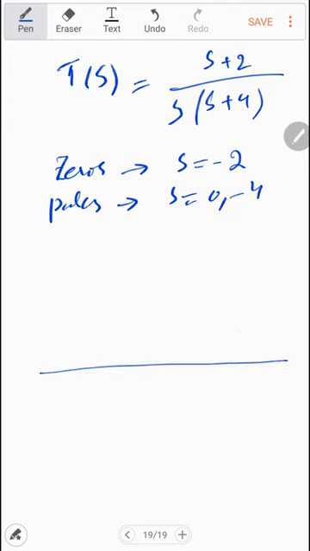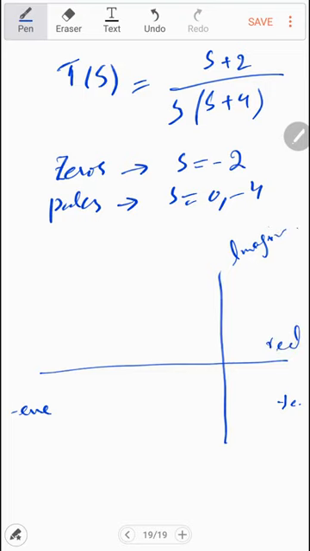Then we will plot the complex axis like this. So this is the negative side, and this is the positive side, and this is the imaginary axis, and this is the real axis. So this is the location 0.